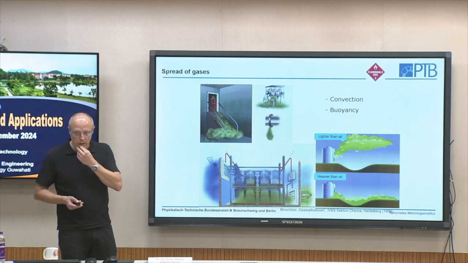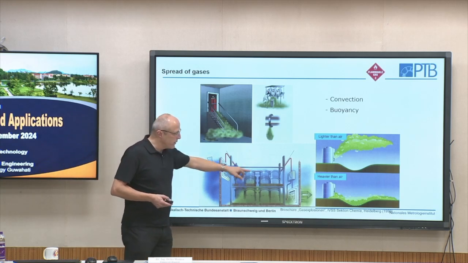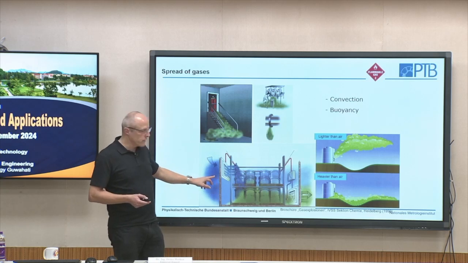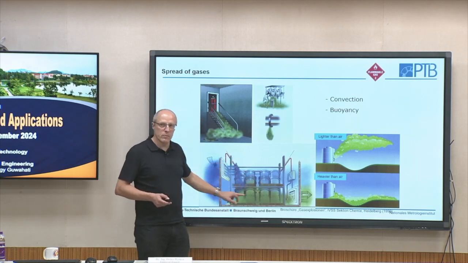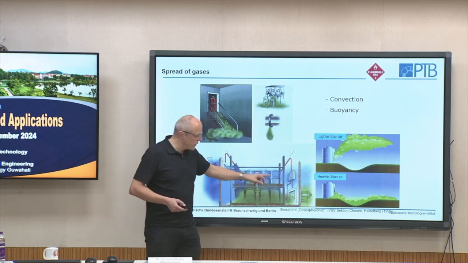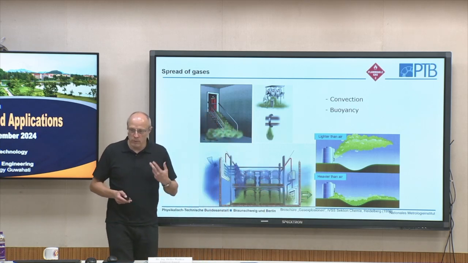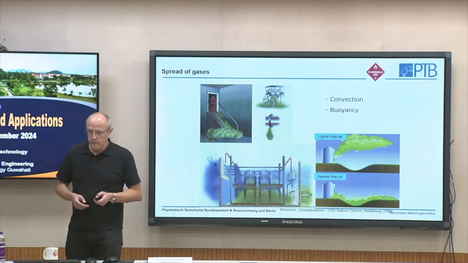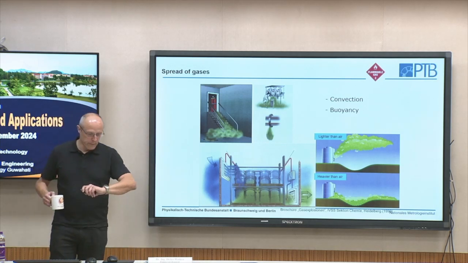So you have to take care of this. Here, for example, we have ventilation as a concept to avoid an explosive atmosphere. But of course, we have to consider that we may have an explosive atmosphere there. So you always have to consider the spread of gases.